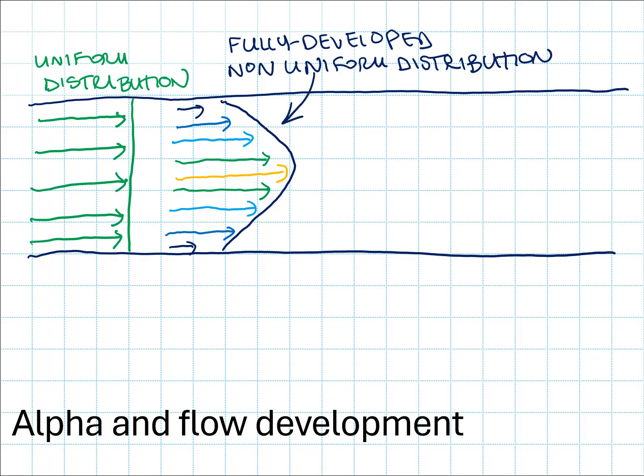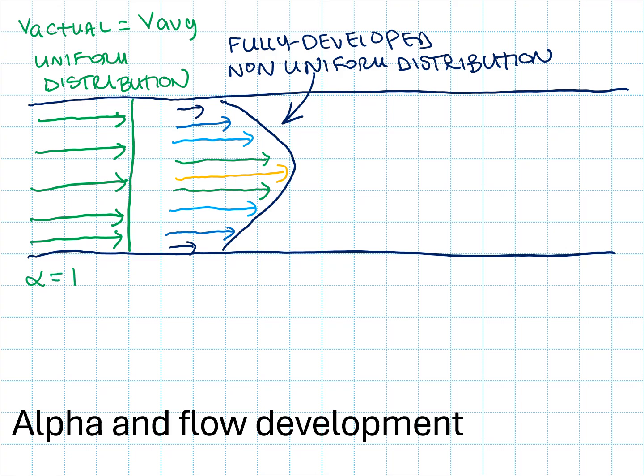And so in this case, let's back up a little bit. In my uniform distribution, my actual velocity is going to be equal to my average velocity, and here my kinetic correction factor is going to be equal to 1.